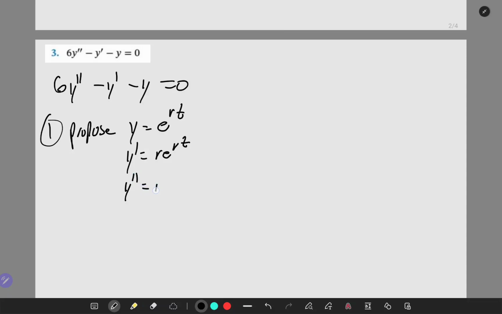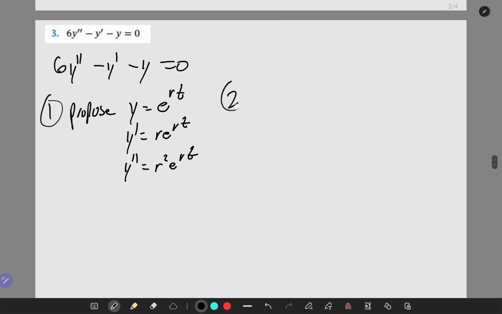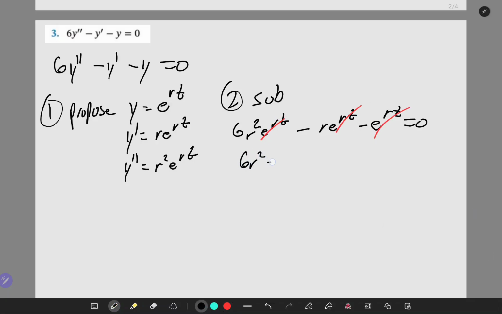Y double prime is equal to r squared e to the RT. Step 2, substitute: 6r squared e to the RT minus r e to the RT minus e to the RT is equal to 0. The e to the RT's cancel. We're left with 6r squared minus r minus 1 is equal to 0.